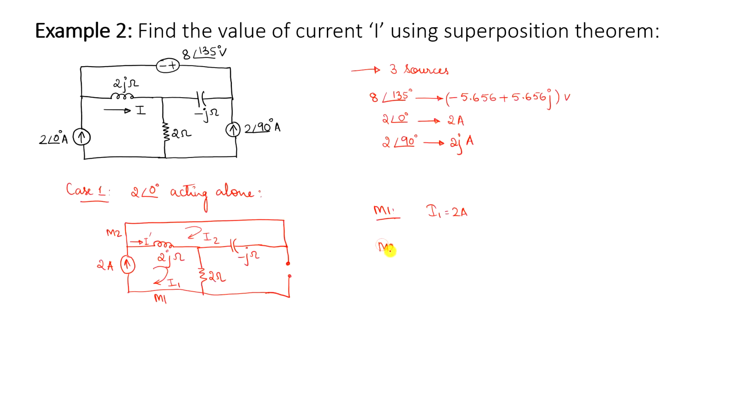For mesh 2, when I apply KVL, this is plus, this is minus, plus, minus. So this is going to be minus of minus j into I2 minus 2j into, the dominant mesh is this one, so I2 minus I1, equal to 0.